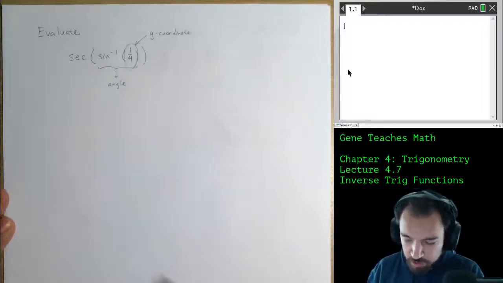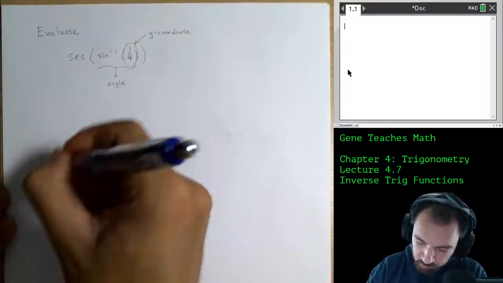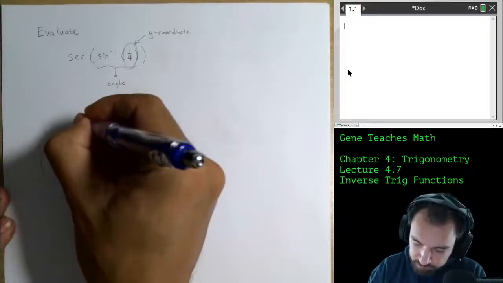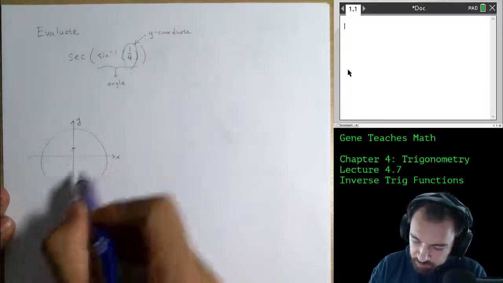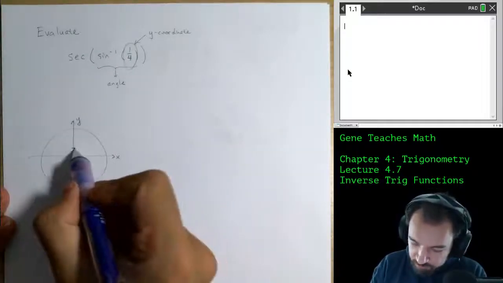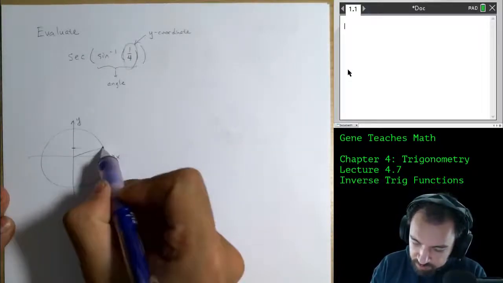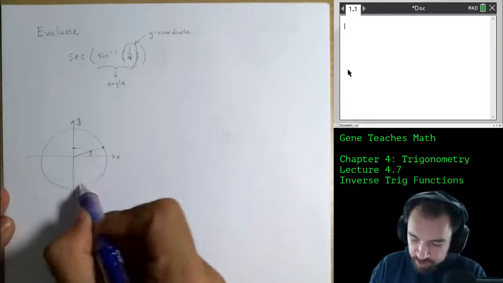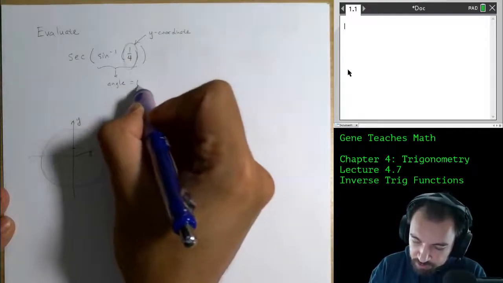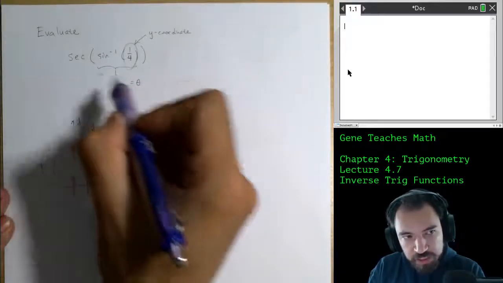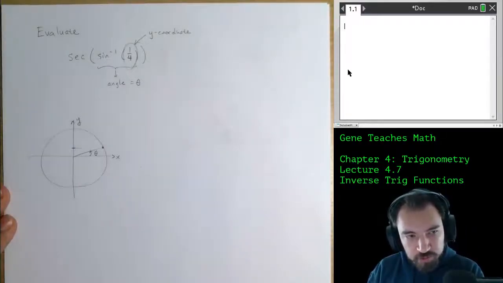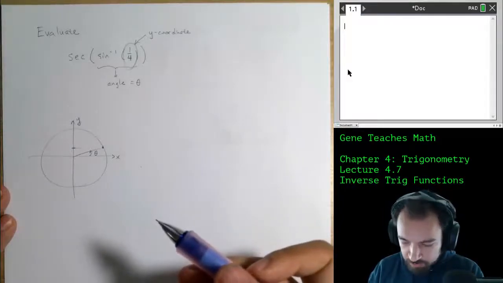So immediately, let's imagine we went through this and we said, I need my y-coordinate to be 1/4, somewhere over here. I need to be in the right half of the unit circle. So I have this right there, and I have this angle. Why don't I call this angle theta for now? I would like to take secant of that angle, which is the reciprocal of cosine of that angle.